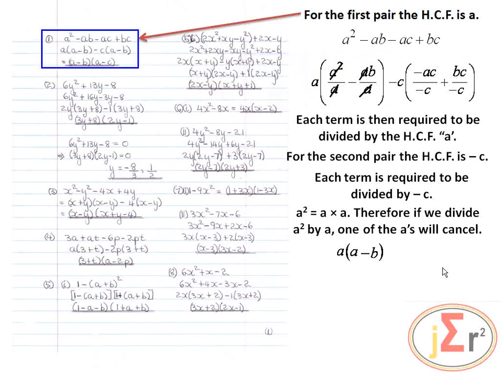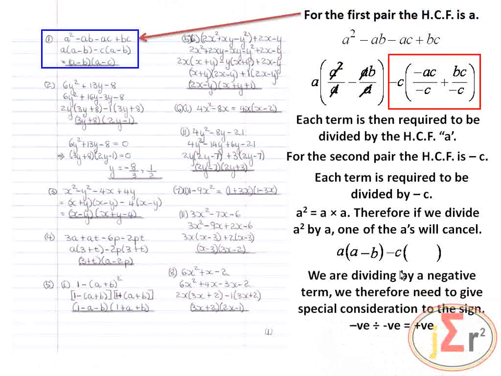We will do the same with the second pair. We already have our common factor of negative c, and we are dividing each term by negative c.